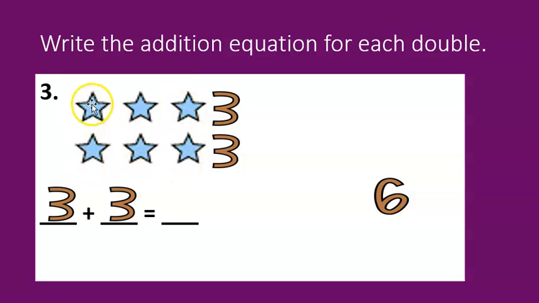Let's count with Mr. Begay. 1, 2, 3, 4, 5, 6. So our answer here is going to be 6. That goes into our addition equation. So we are saying 3 plus 3 equals 6. That is true based on our doubles facts here.